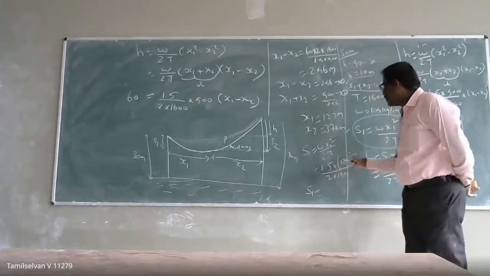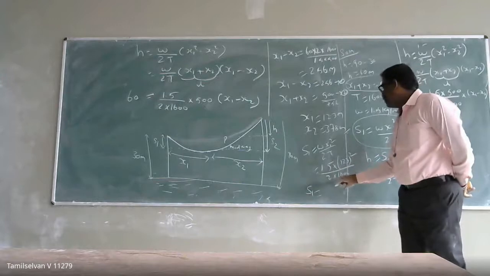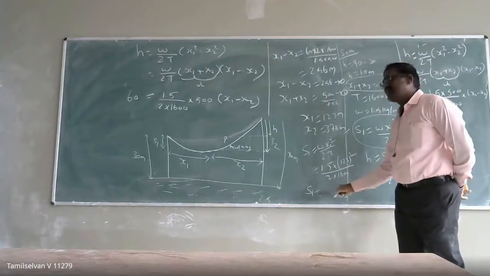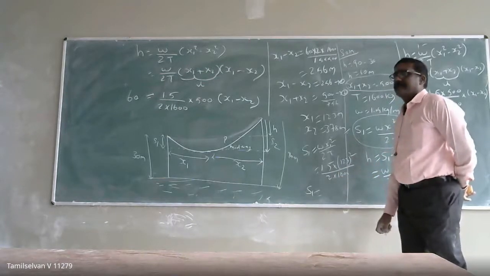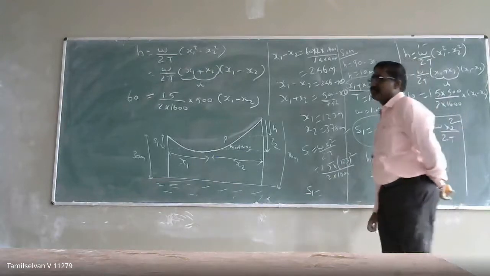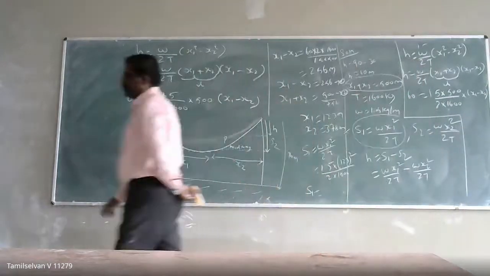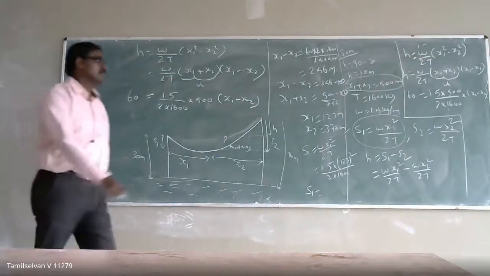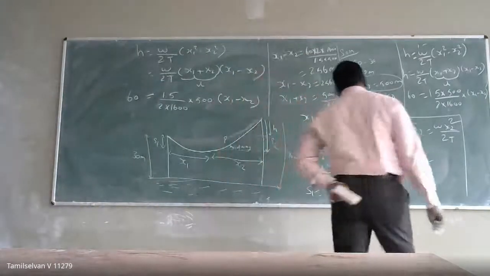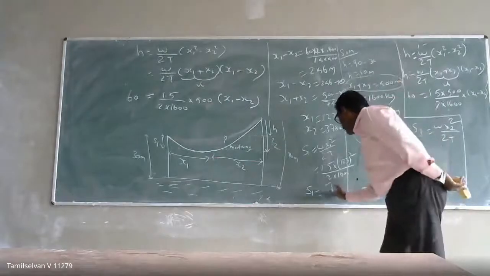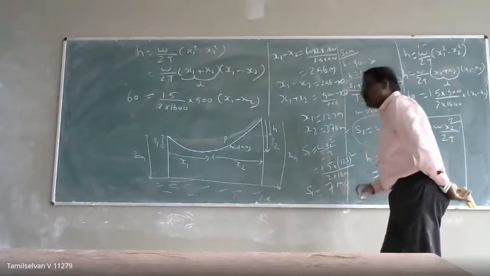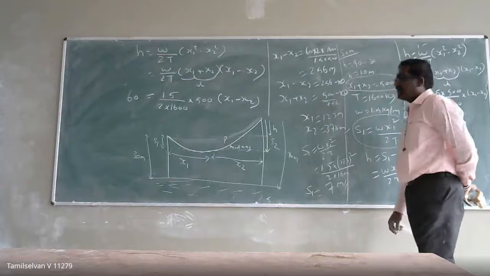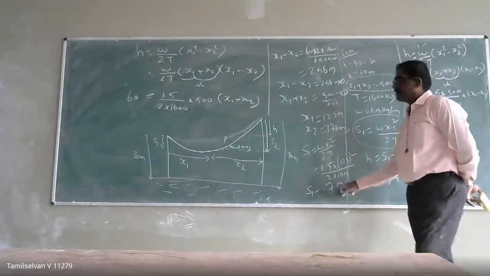How much are you getting for S1? So you will get 7 meter. Your sag with respect to support A, you will get about 7 meter.